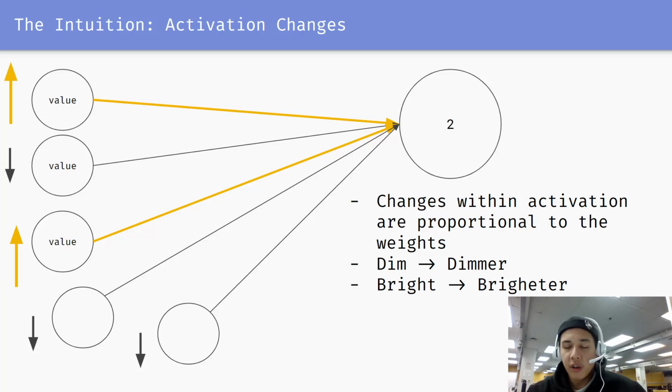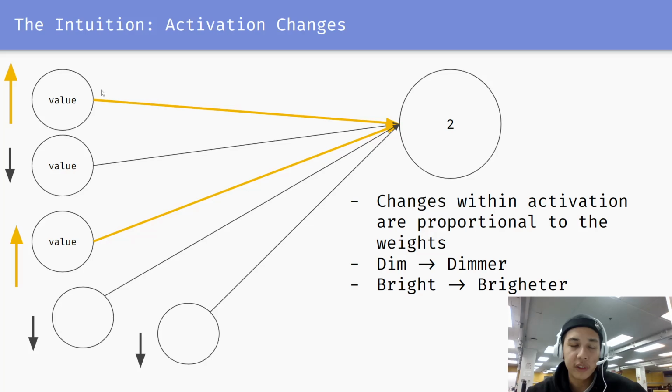The other thing that we can also manipulate is activation changes, so the values within the neurons from the preceding layer. As you can see, the changes in activation should be proportional to the weights. So the higher it goes, the more impact it has.